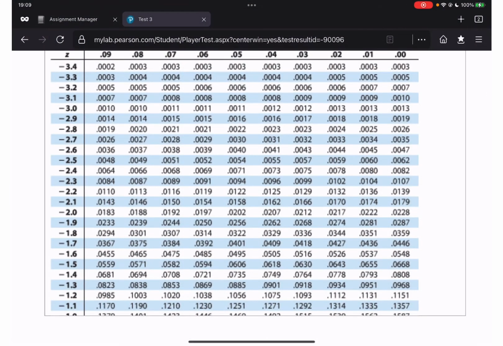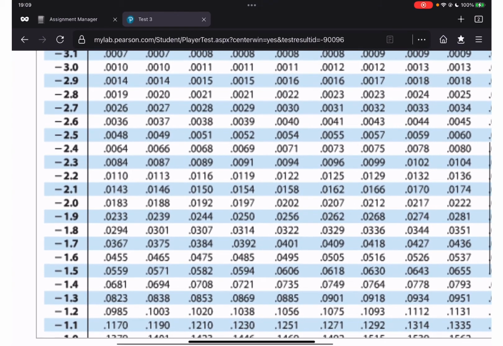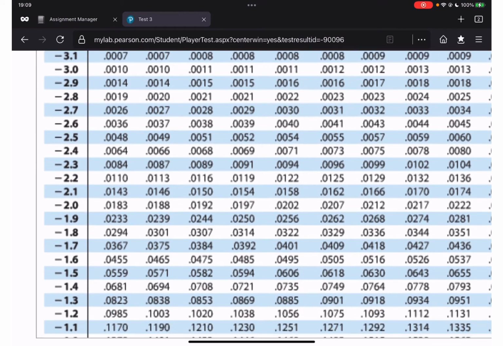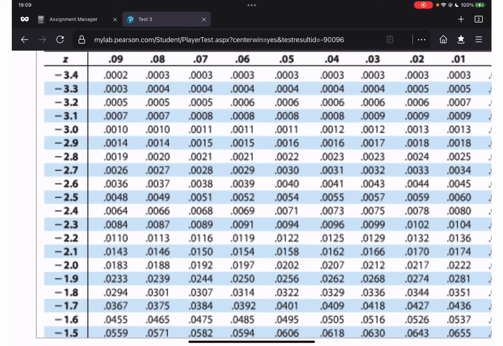So 0.025, here it is, 0.025, this is on negative 1.9, and when I'm going up, it's 0.06.